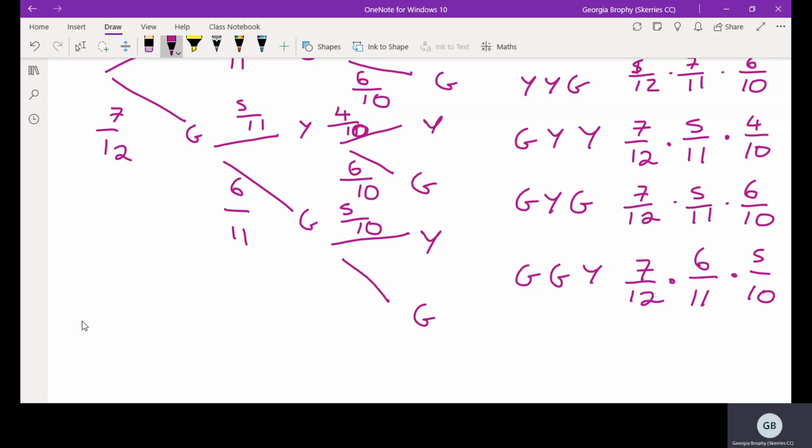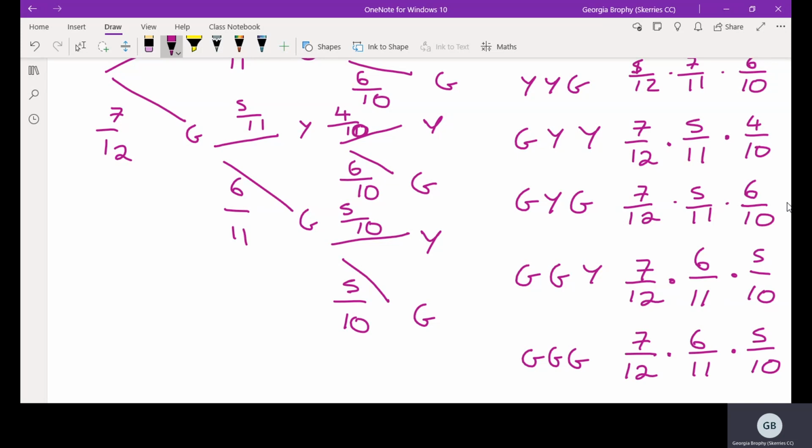We had 7, 6. The probability now is 5 over our total, which is 10. So our last outcome then is green, green, green. And our probabilities there are 7 over 12 to choose the first green, 6 over 11 to choose the second green, and 5 over 10 to choose the third green. And we would multiply them together to get the probability that we choose 3 greens in a row.